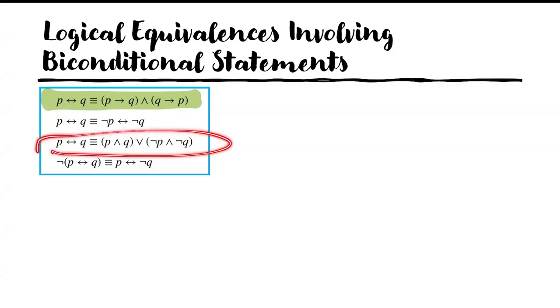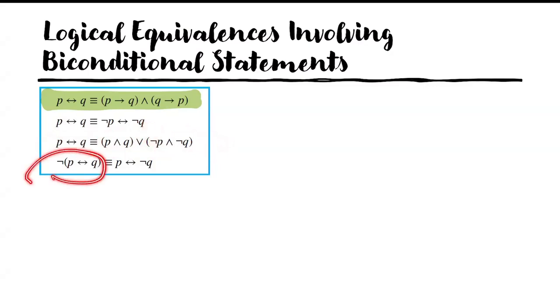So here where you have P if and only if Q, that means either P and Q are both true, or not P and not Q are both false. These two are pretty much talking about the same thing.